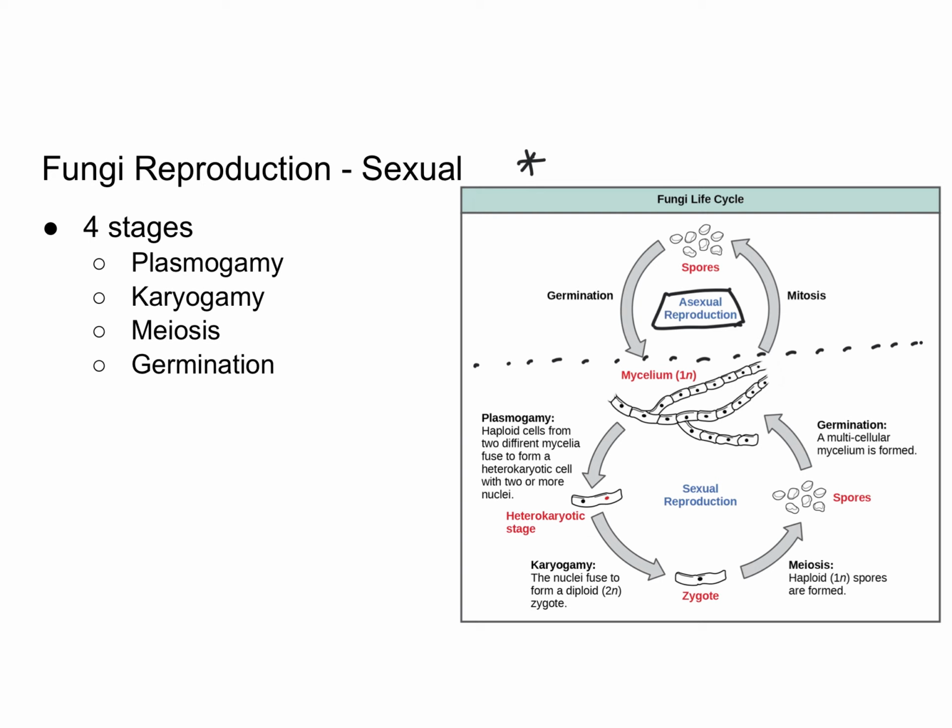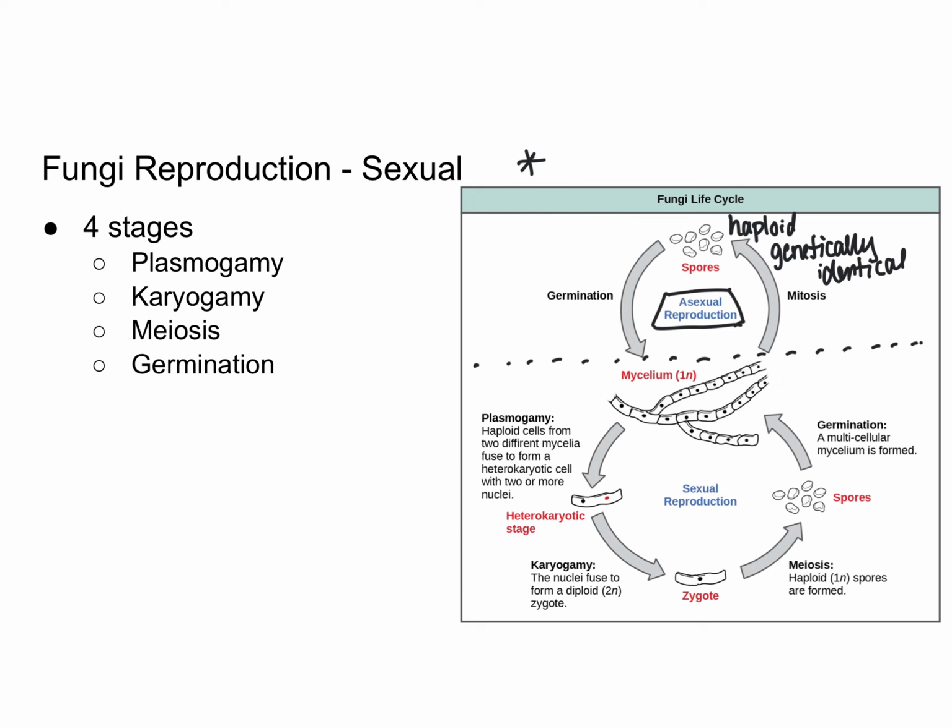And so remember, we were taking this haploid mycelium, going through mitosis to form haploid spores that are genetically identical. They're genetically identical to each other and to the original mycelium. And then those cells can germinate if they find a suitable environment where they can then form a new mycelium.